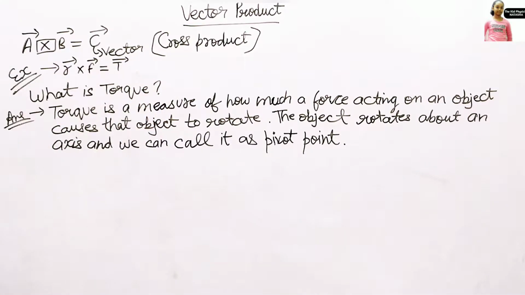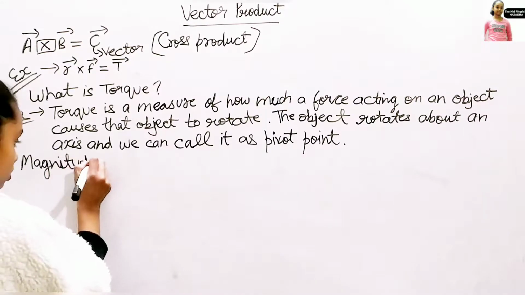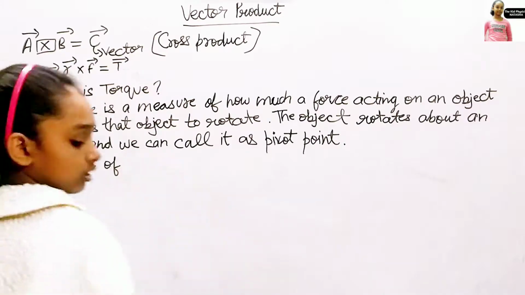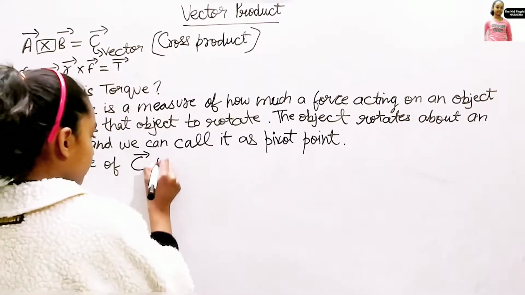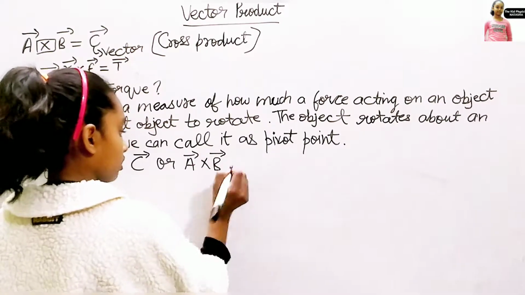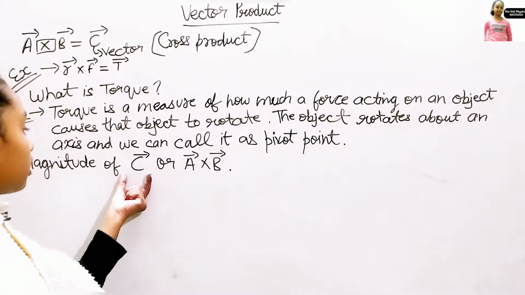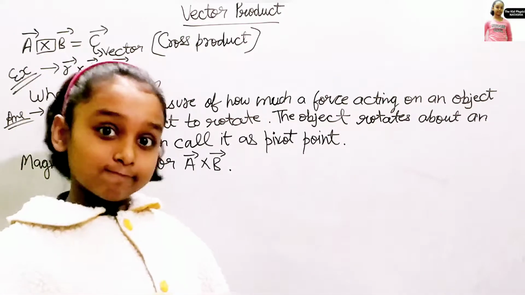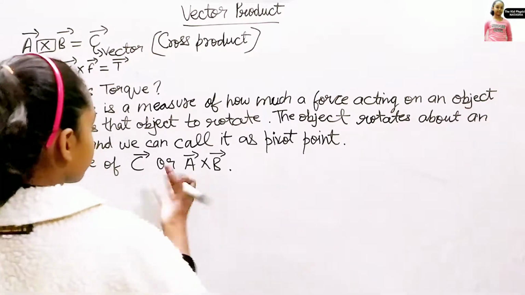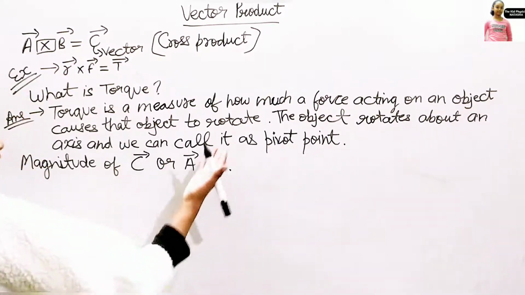So now we are going to find the magnitude of vector C, or vector A cross vector B. We can also call vector C as vector A cross B, because vector A cross B is equal to vector C. So we can call it both ways.